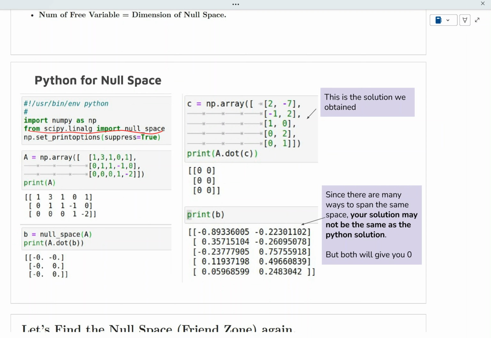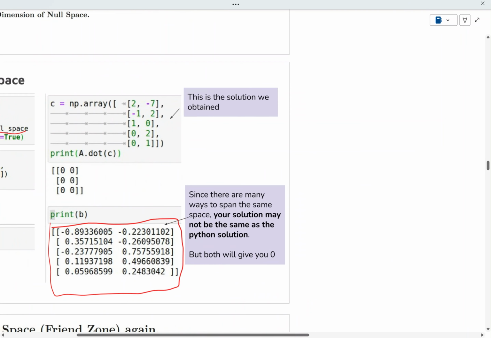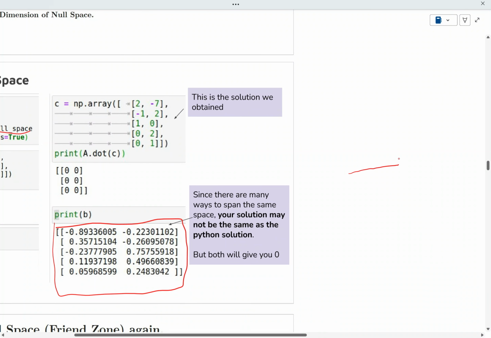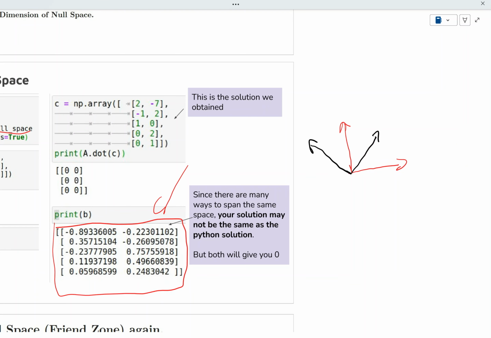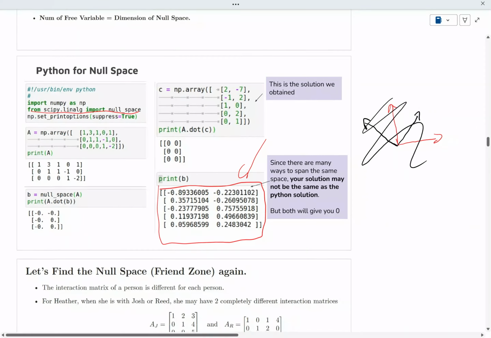You might see that the null space is different from your null space, but that's okay, because you may have your space defined this way, and they may define it this way. It's just from a different perspective, but both define the exact same space. So it's okay if the Python version is not the same as your solution.